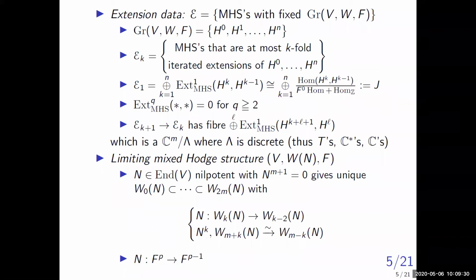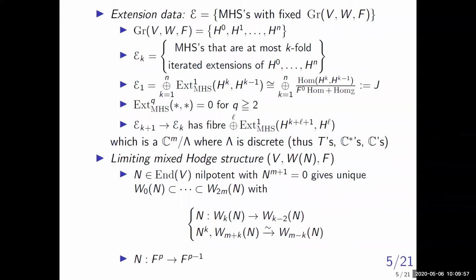The mixed Hodge structures that are in most k-fold iterating extensions, the E sub k, are fibered over the ones, E_{k+1} over E_k, whose fiber is a direct sum of the X1s. Again, the X1 in the category of mixed Hodge structures of 2 Hodge structures.